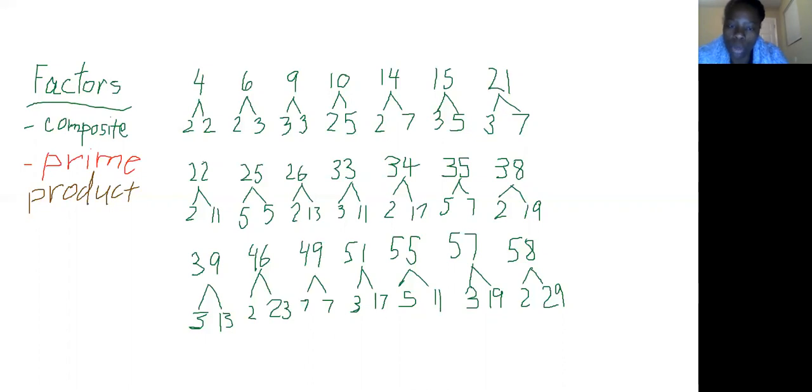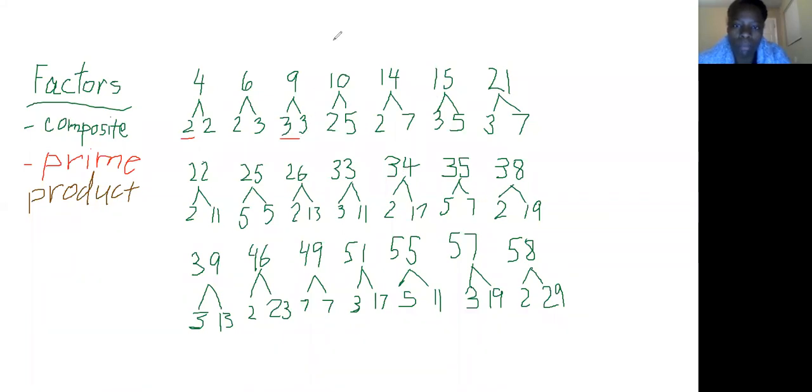Okay, so let's look at some of these numbers here. And I'm going to go ahead and highlight them with red. We see 2 is a prime number. 3 happens a lot.